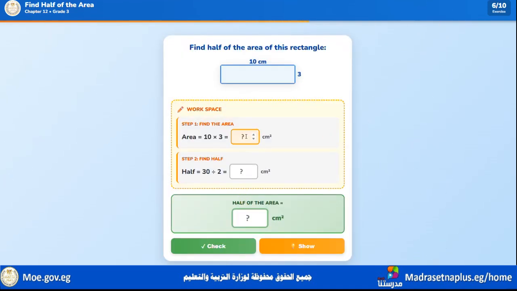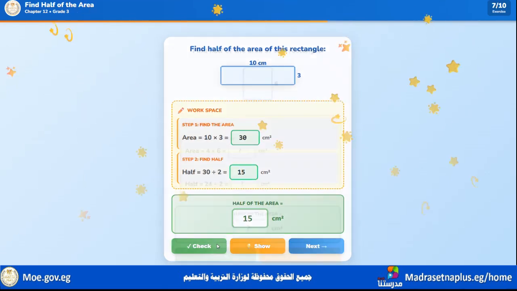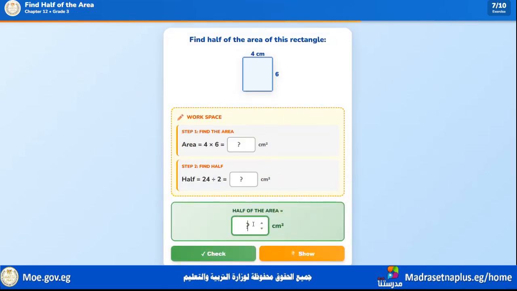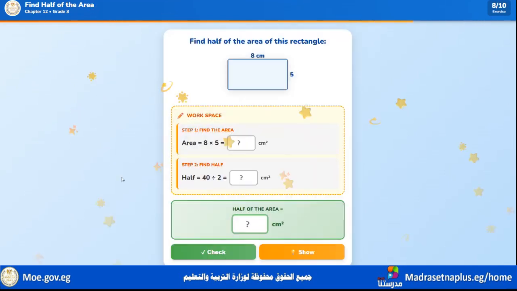The area is 30. Its half is 15. Let's write here 24. Its half is 12. The area is 40. Its half is 20.